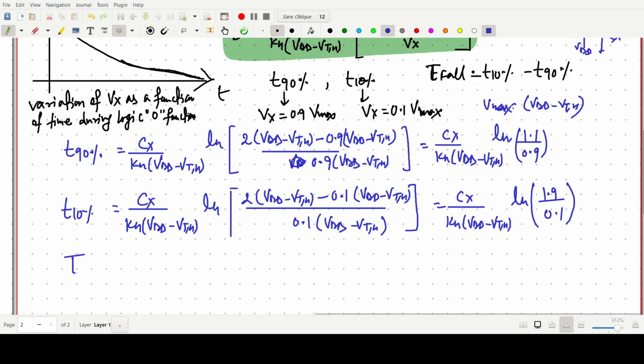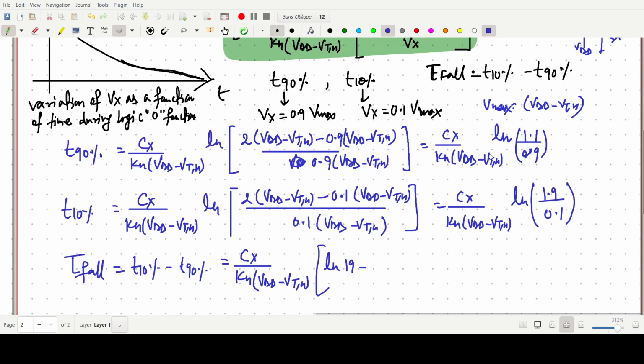So tau fall we can find as T 10% minus T 90%. This is common, so Cx by Kn... actually this is given in the Kang book, so I am also trying to derive it. The first value will be ln 19, and the second ln 1.22.